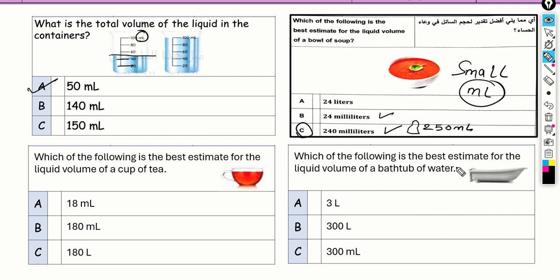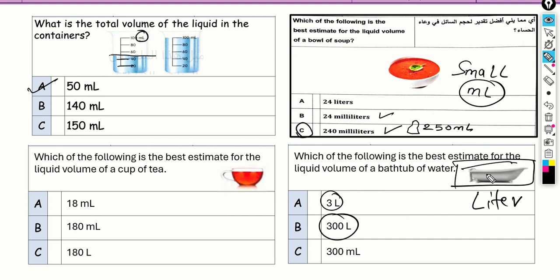Now this is a bathtub. Obviously this is big, right? A bathtub is big, so this will be in liter. Now how much liter? Again, that's the question, right? So there are two options. Some of you say 3 liter. Okay, now think about the big bottle I showed you in the classroom.